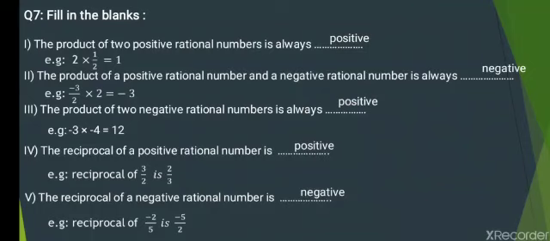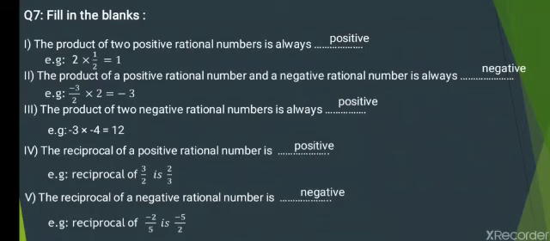Fifth part is similar to part fourth, only there is a change in the sign of the numbers. That is, the reciprocal of a negative rational number is negative. Like I discussed in the fourth part, we don't change the sign of the number while doing the reciprocal. The sign remains the same. We just interchange the positions of numerator and denominator.